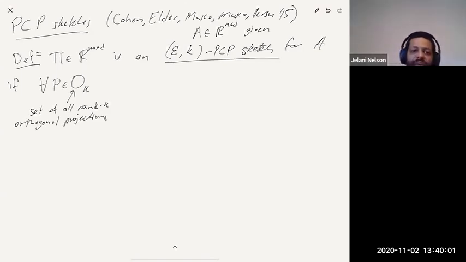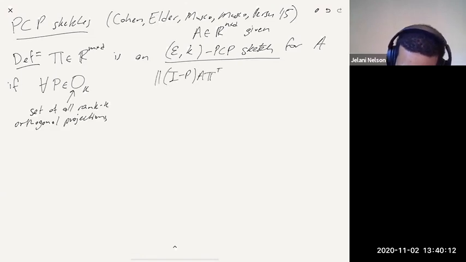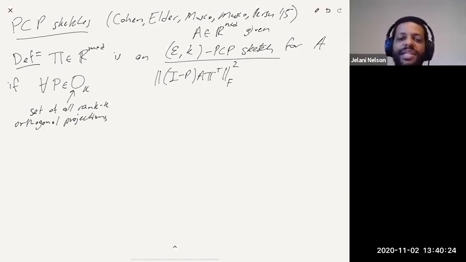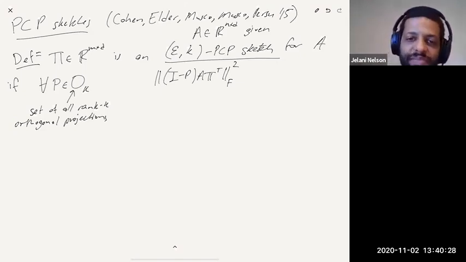Okay. We have that if you look at the Frobenius norm squared of (I minus P) A pi transpose. So here what I'm saying is look at the matrix A pi transpose, which I'm used to thinking of matrices as linear operators when you multiply by the left.